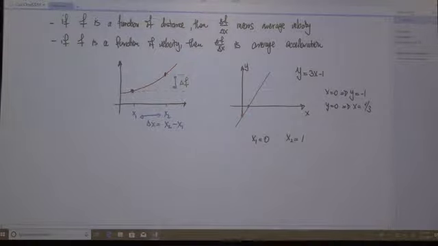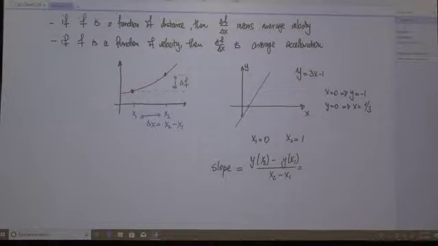Then what will be the slope? The slope is the value of your function at the point x2 minus the value of your function at the point x1, divided by x2 minus x1. What is your value at the point x2? If you substitute x equal to 1, what will be your function?